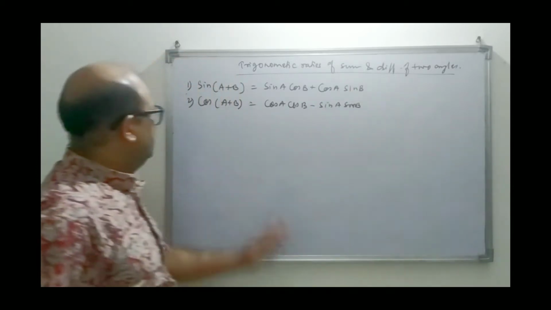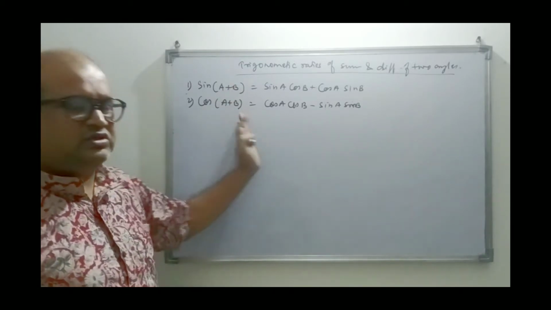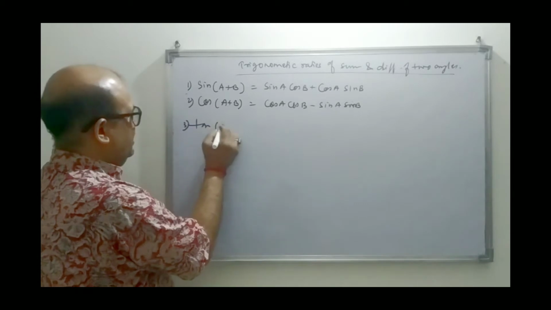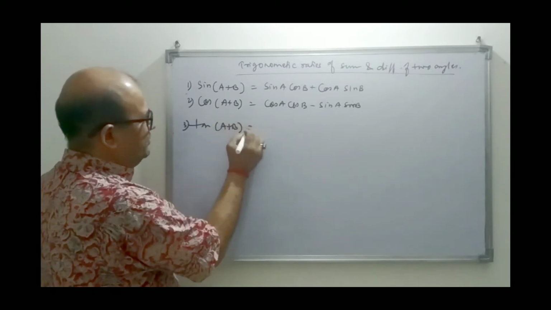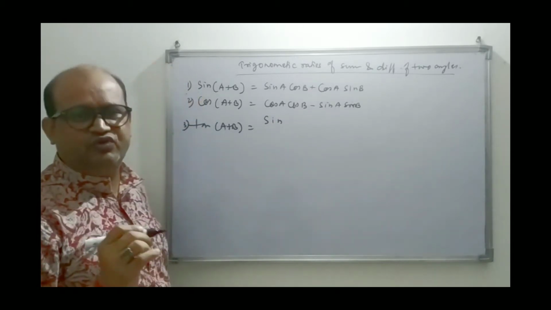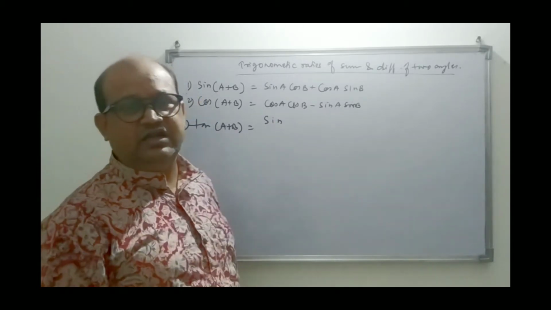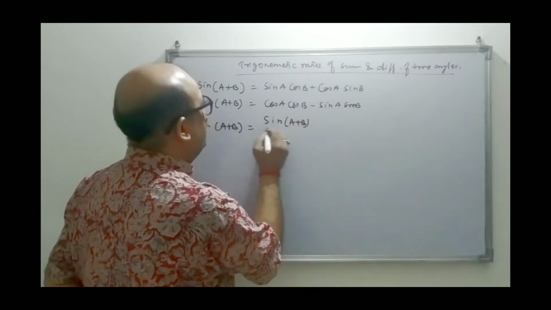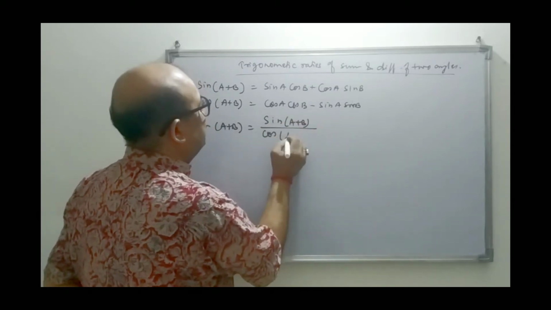Now, this is sin and cos. Let us see tan(A+B). Third, tan(A+B). You can write it directly as an identity if you know it. If you don't know, then you can deduce the identity. How do you deduce? tan(A+B) is sin(A+B) upon cos(A+B).